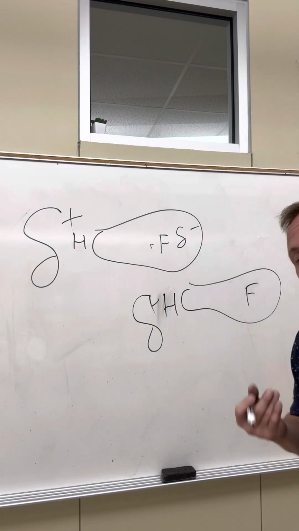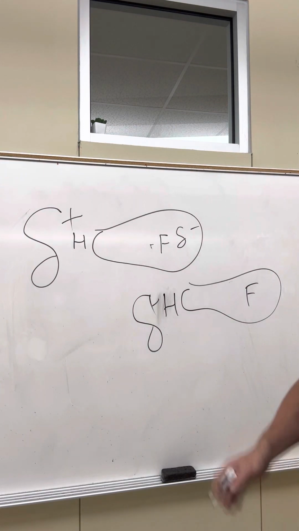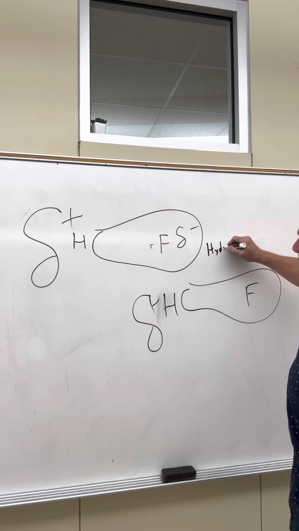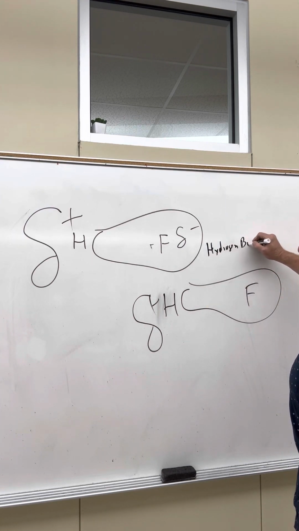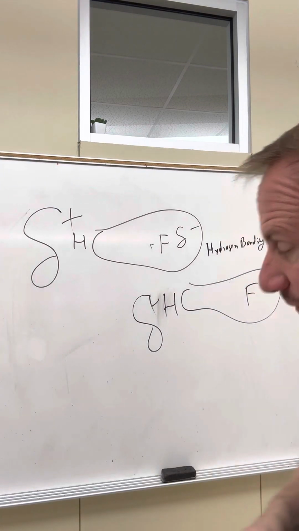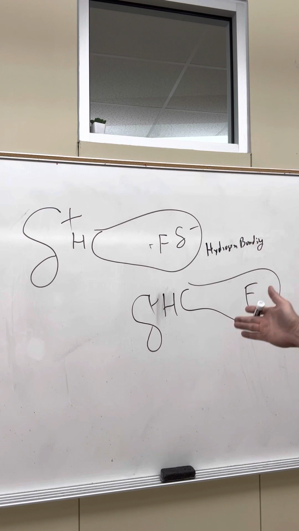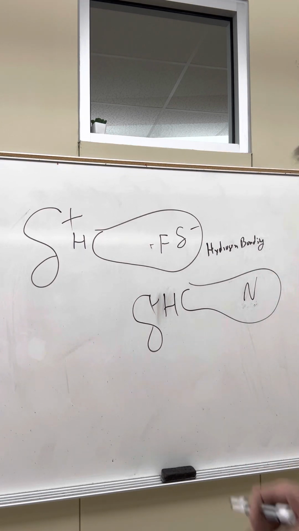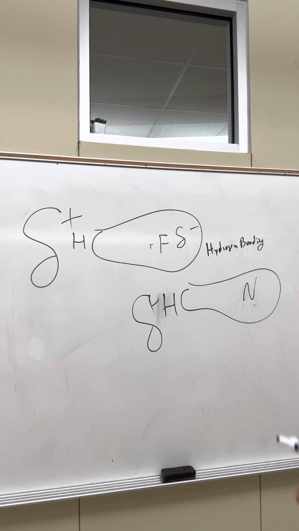However, because it's really, really strong, involving this hydrogen being a naked little proton, we call it hydrogen bonding. Hydrogen bonding is really nothing more than a very strong dipole-dipole involving hydrogen bonded with fluorine, oxygen, or nitrogen. Those guys are very electronegative, so they pull a very big partial positive, partial negative dipole moment.